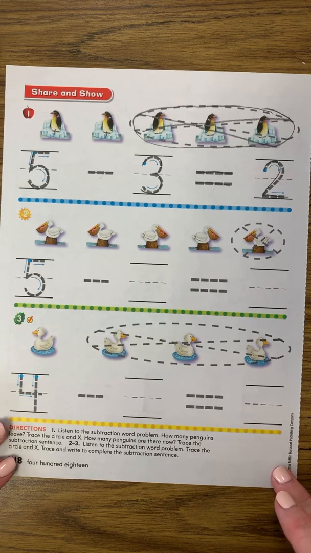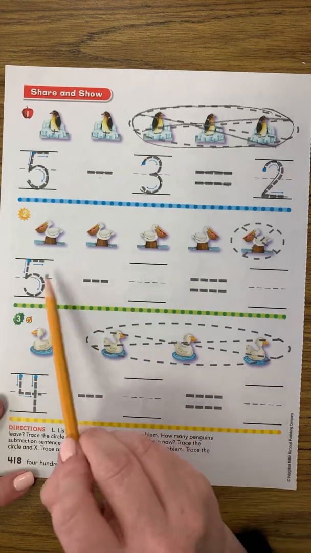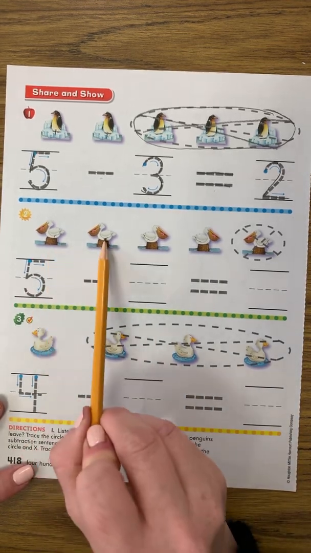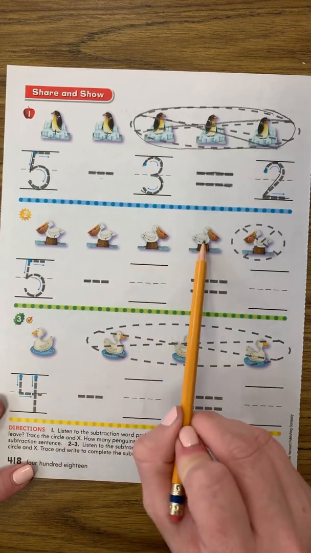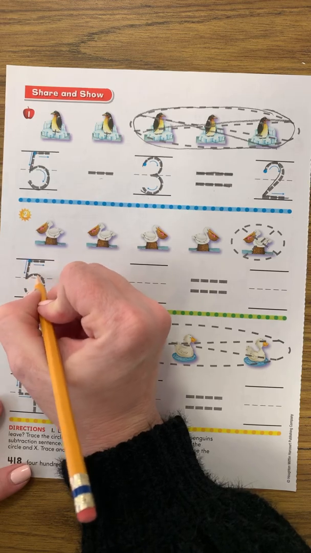Okay, let's look at number 2. There are 5 birds. 1 bird flies away. How many birds are still there? So let's count how many birds we started with. 1, 2, 3, 4, 5. 5 birds.